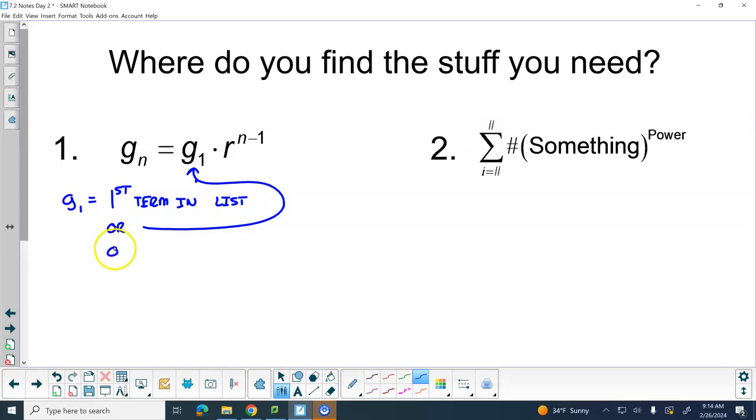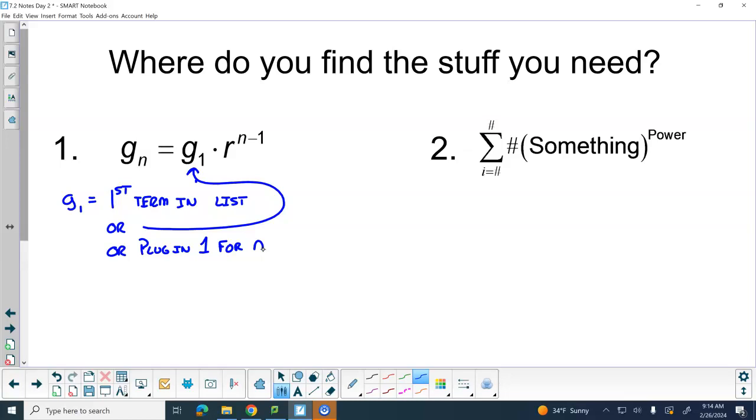Or we could plug in 1 for n on that side. So if you're given the rule, or if you're given a list of a sequence, if you will, a list of terms, you can do one of those 3 things.